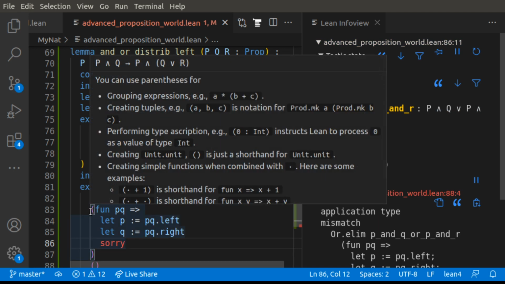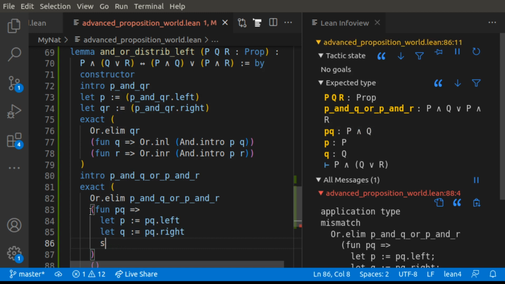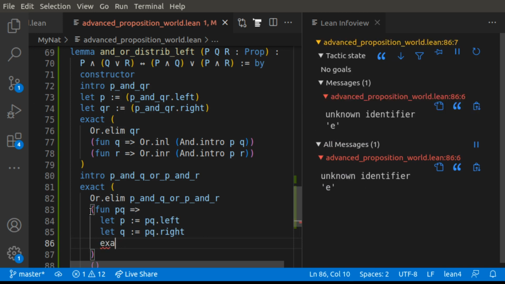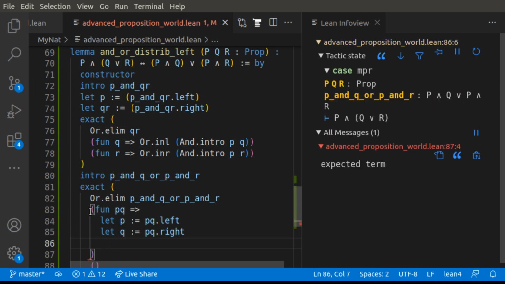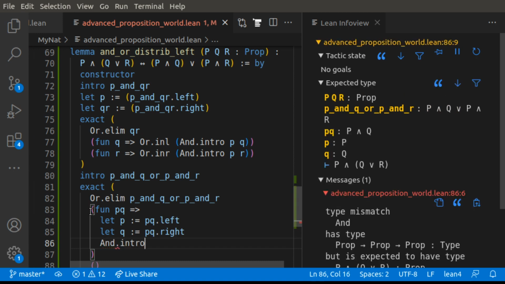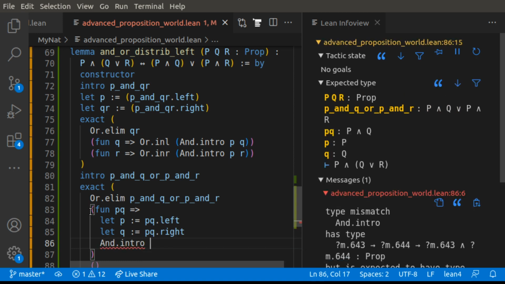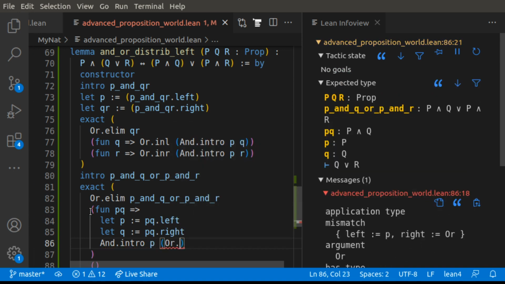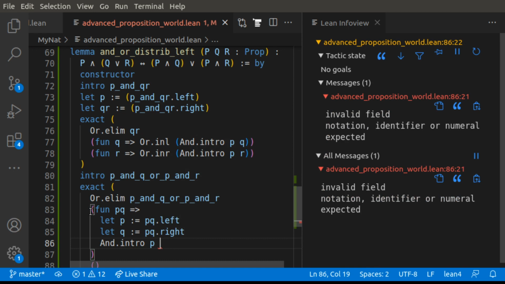P and Q or R. Okay, so this is exact, or maybe we could just do it. And dot intro P, or, okay, so, oh, nice.